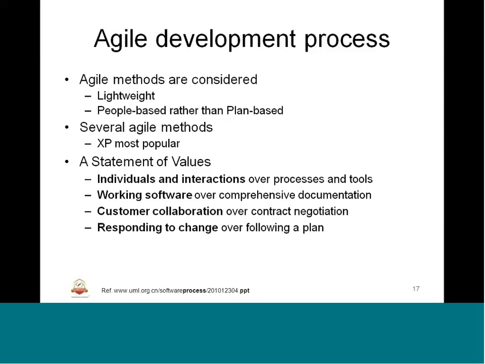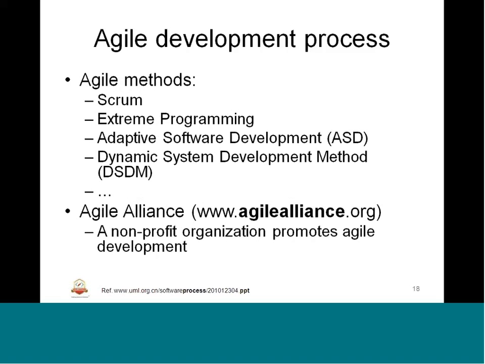There are different agile methods. Scrum is one, extreme programming is another, adaptive software development ASD, dynamic system development method DSDM. Likewise, there are several methods being used.